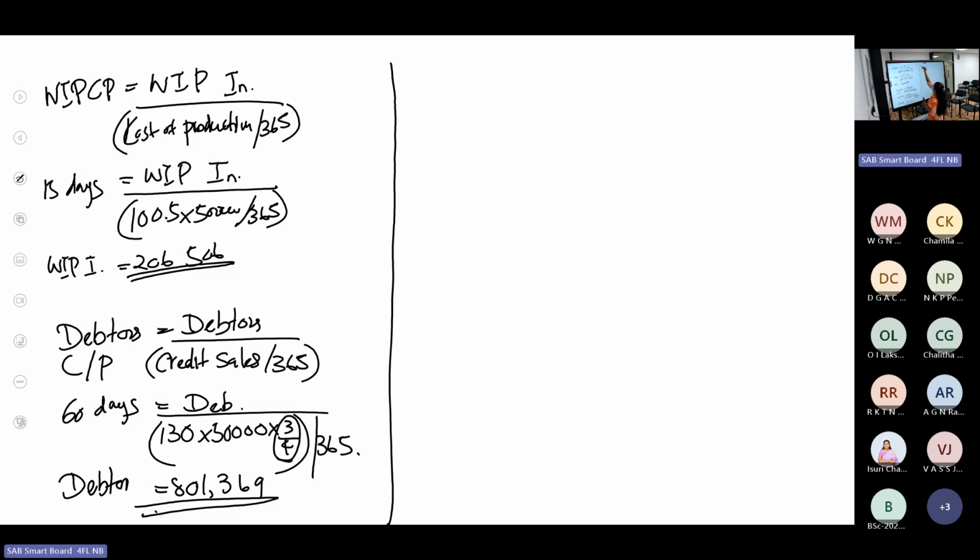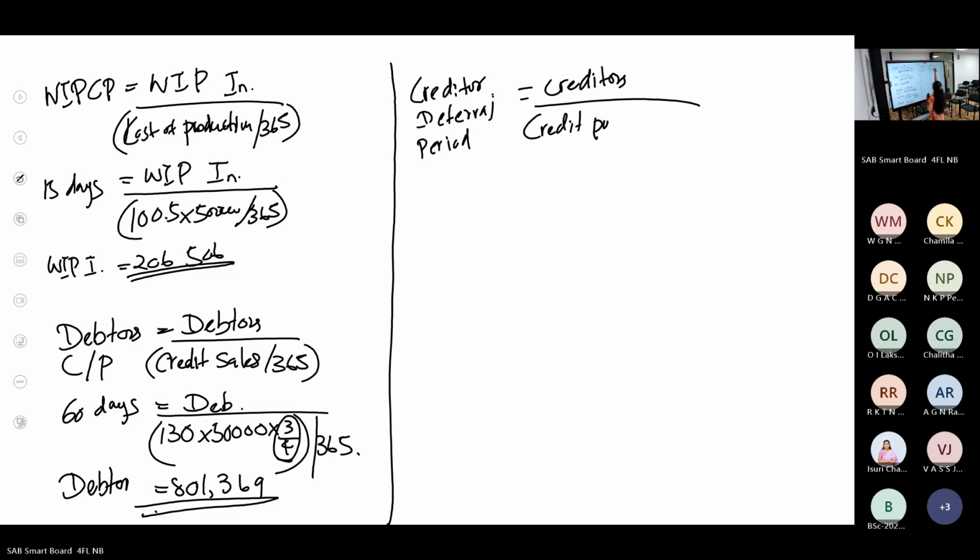Next one. Creditors. Creditor deferral period. We know creditors divided by credit purchase, divided by 365. We don't know creditors, right? That is what we are going to find.